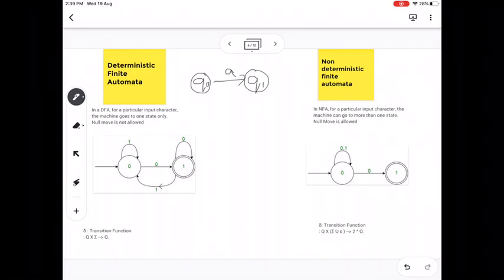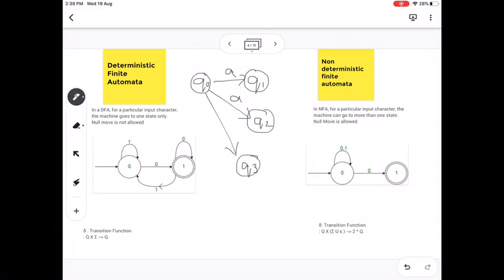This is for deterministic finite automata. Okay. And for non-deterministic finite automata, how will it be? With input A, it will go to multiple states. It can go to Q2 and also to Q3.